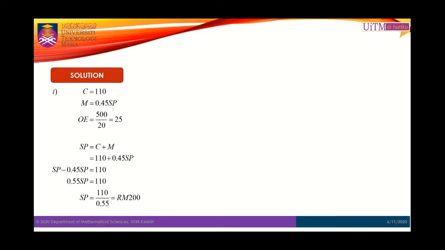Once you have all this information available, you know that the selling price formula is given by C plus M, that is the cost plus the gross profit or the markup. Replacing the cost with 110 and the markup value or gross profit with 0.45 SP, and solving for SP, you get 0.55 SP, by taking 1 minus 0.45.